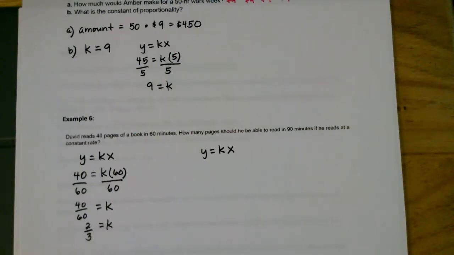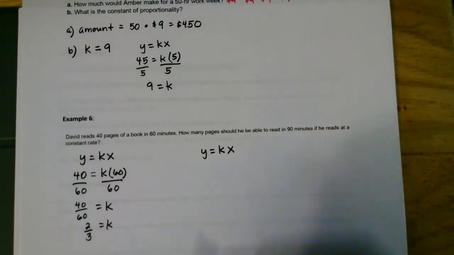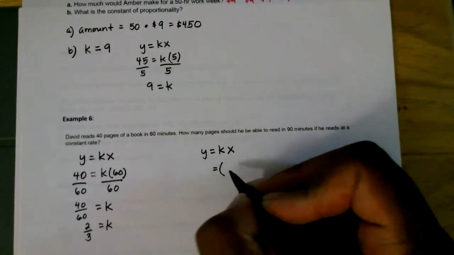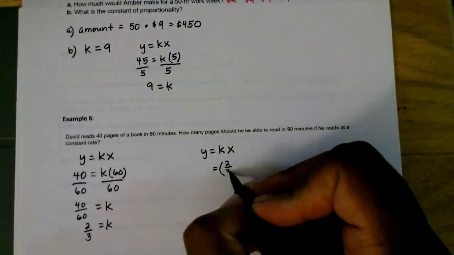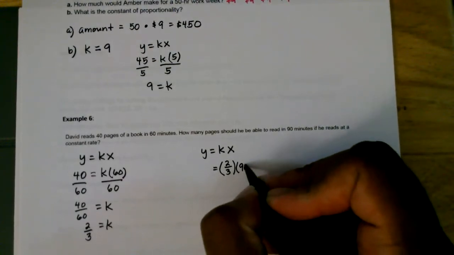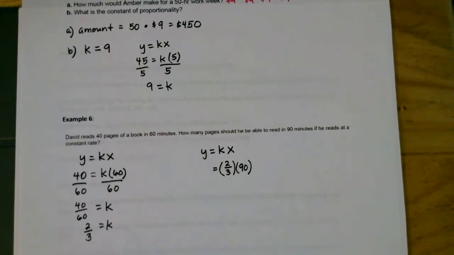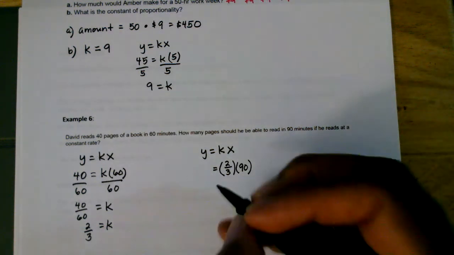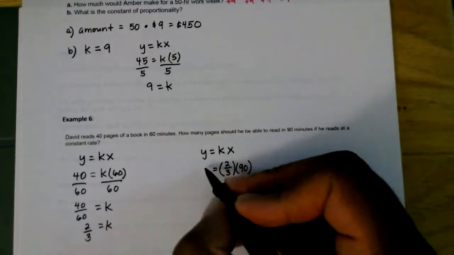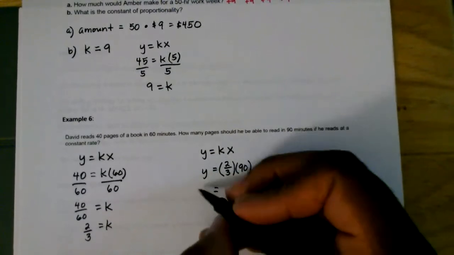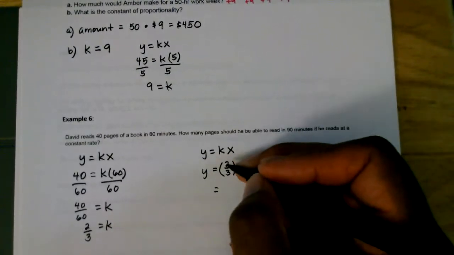So in 90 minutes, it will be 2/3 times 90. The constant of proportionality is 2/3.